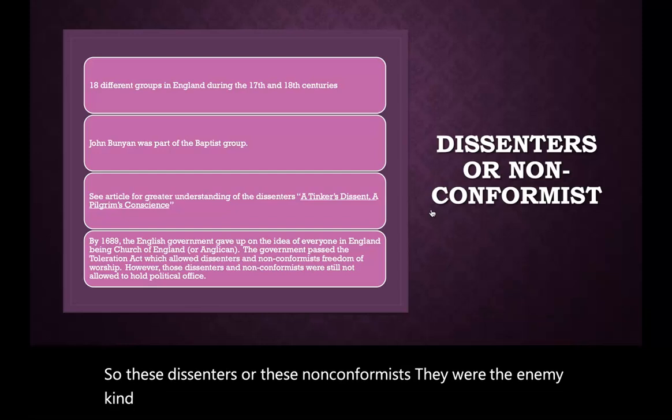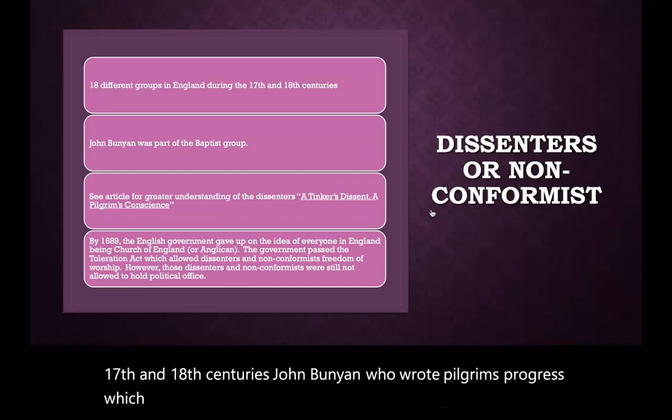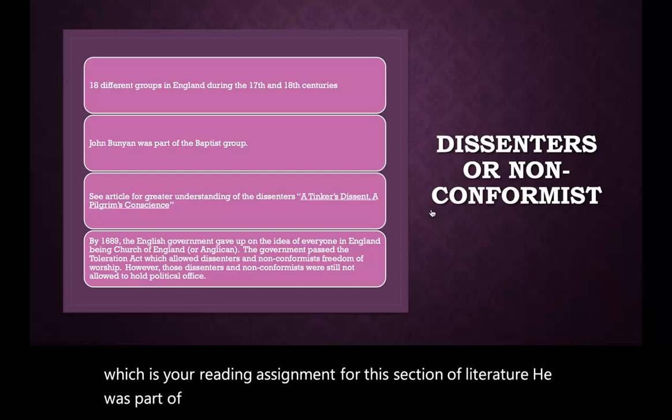There were 18 different religious groups in England in the 17th and 18th centuries. John Bunyan, who wrote Pilgrim's Progress, which is your reading assignment for this section of literature, was part of the Baptist group.